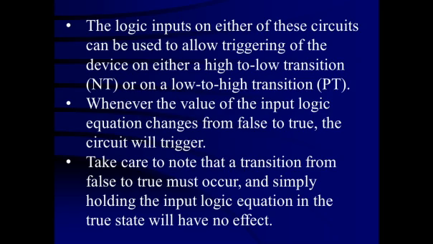Both the circuits 74121 and 74123 require this trigger from false to true. Then the output will go into the quasi-stable state and it will time out depending upon the external components R and C connected.